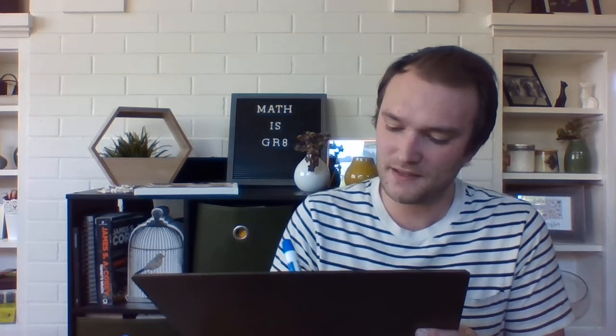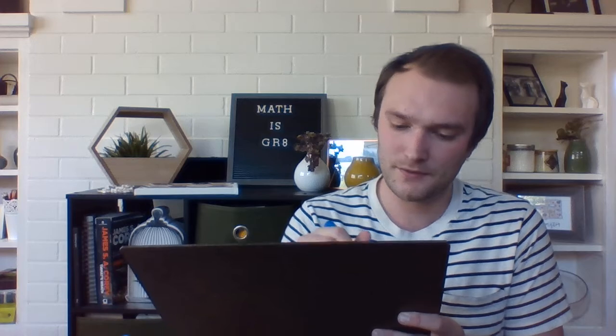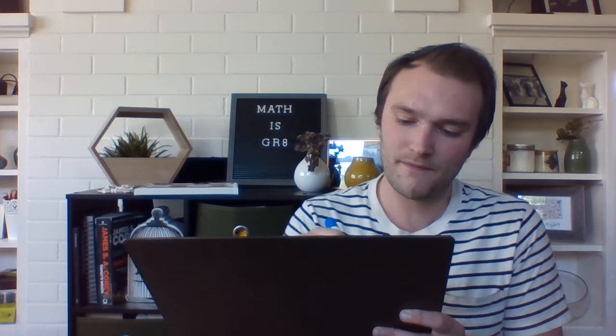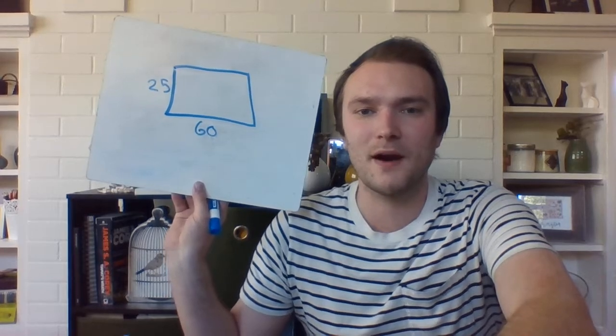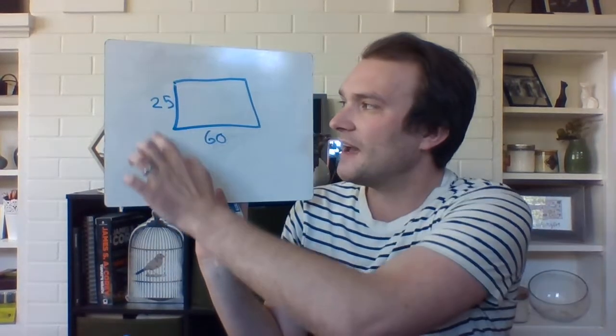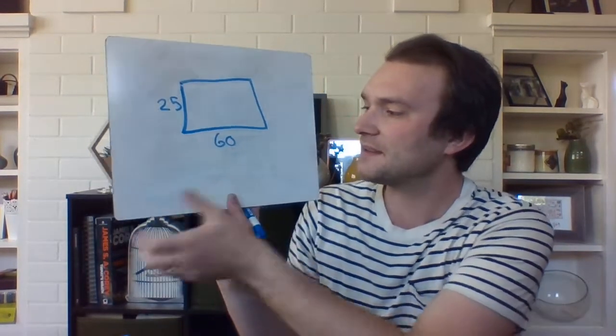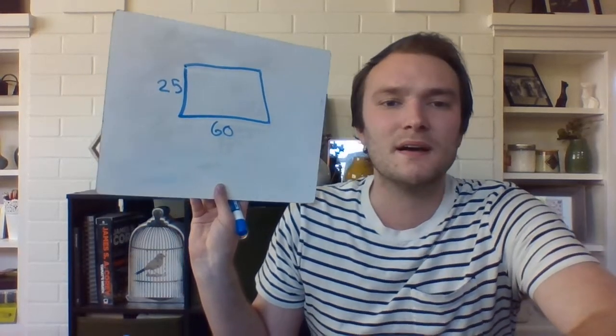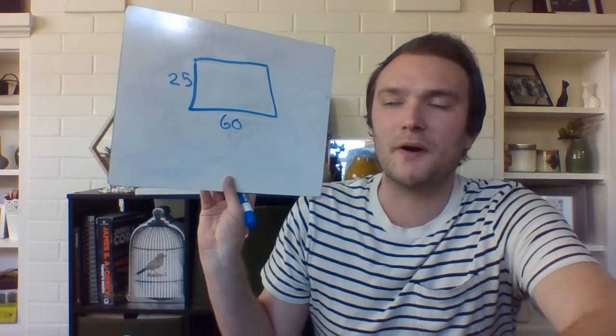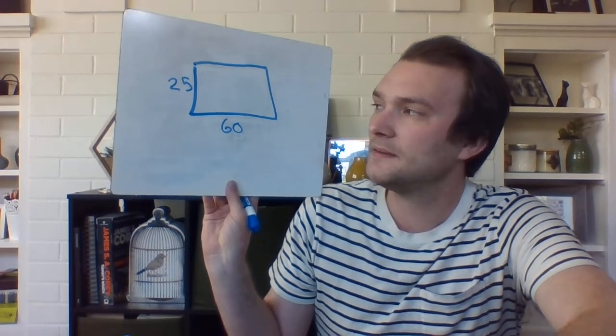And we've got one side is 60 feet long, and the other is 25. So I've got that modeled right here on my whiteboard. This side is 25 feet long, this side is 60. And it says that it took Clover 30 minutes to mow half of her backyard.